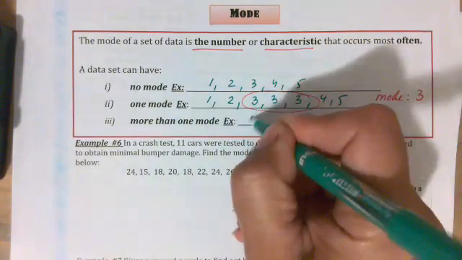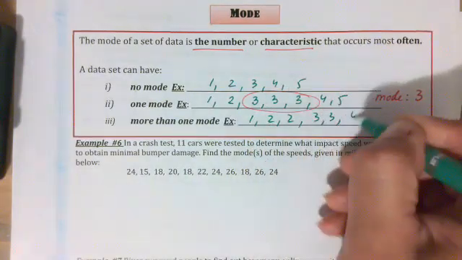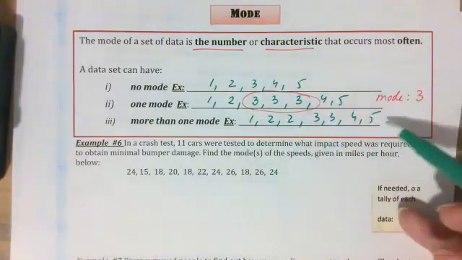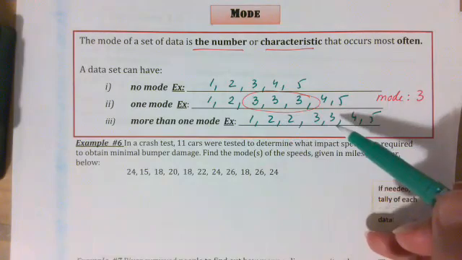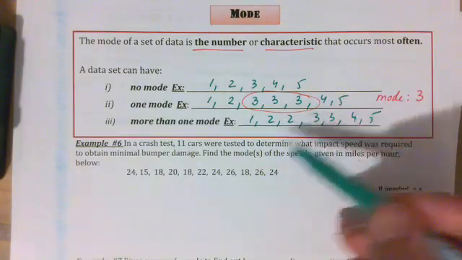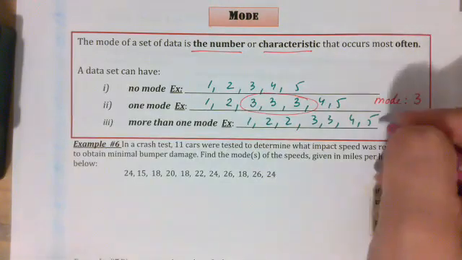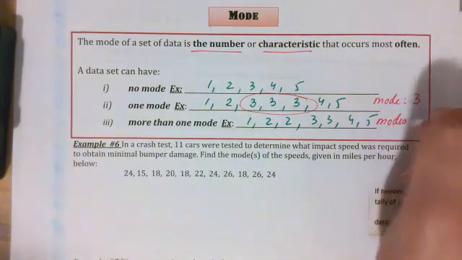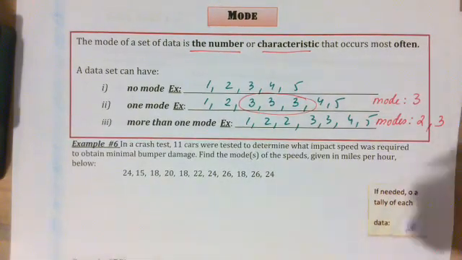So if I have 1 and then 2, 2, and then 3, 3, and then 4, 5. So 1, 4, and 5 appear once, but number 2 appears twice, number 3 appears twice. So these ones are more frequent, more often. So we have 2 modes, number 2 and number 3, because they appear more often, equally between each other.